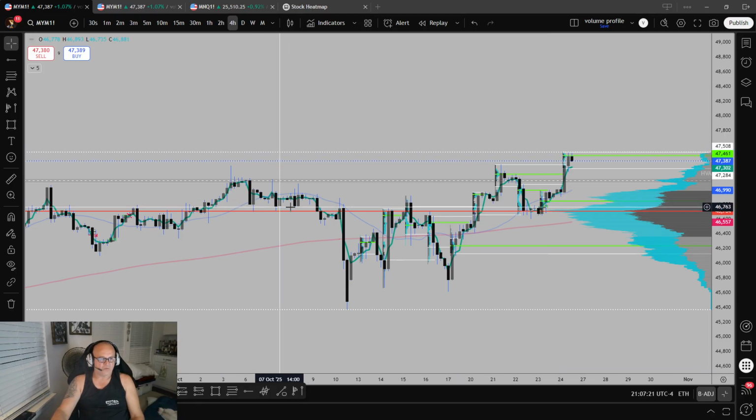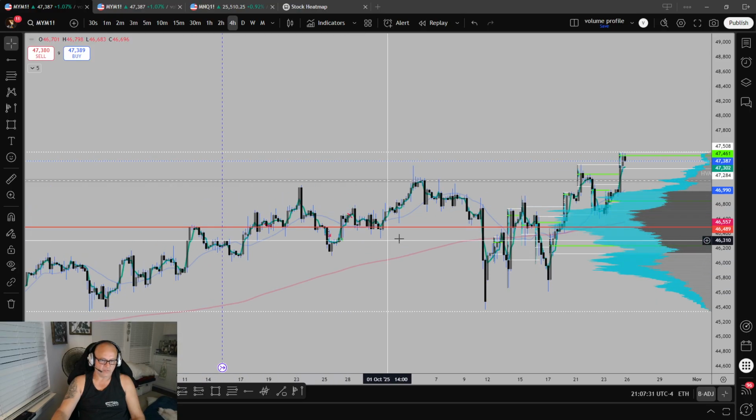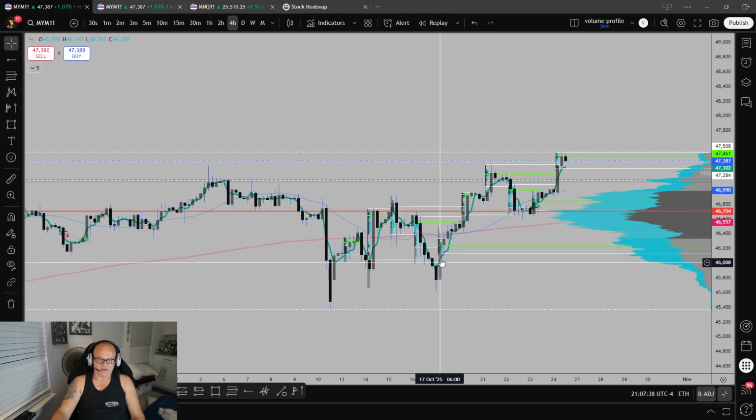Okay, so we had this little consolidation area here for a while until we dipped below and swept a lot of liquidity, swing lows down here off of these days. And then we just made this bigger consolidation area down here until we finally broke above and finally made all-time highs.